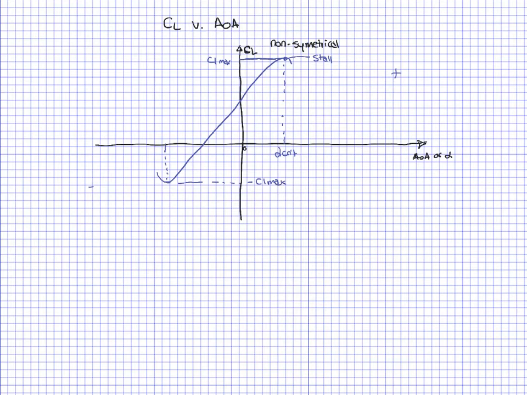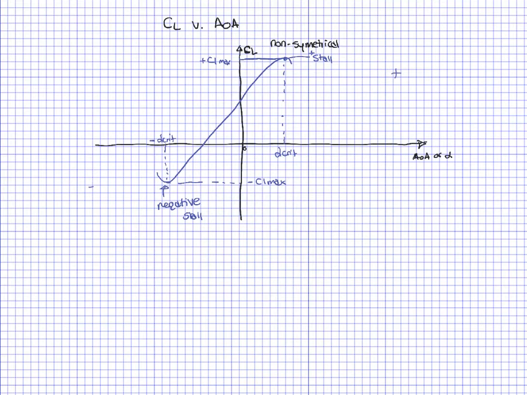This is the upper side, CL max positive, and this is going to be the negative critical angle of attack. So that's when I stall negative. This is going to be the negative stall, and this is going to be the positive stall.